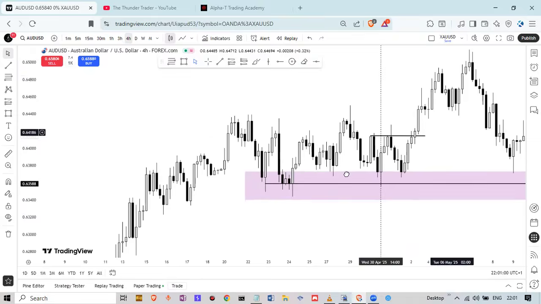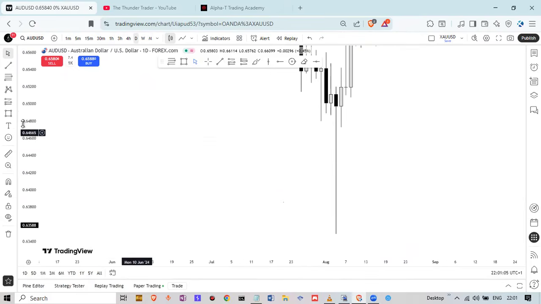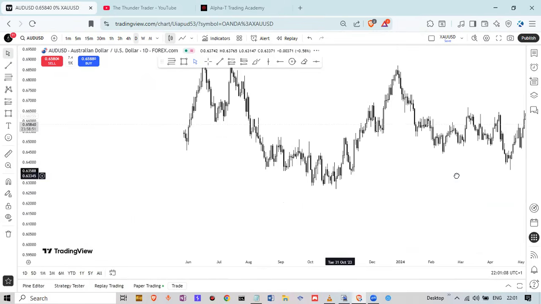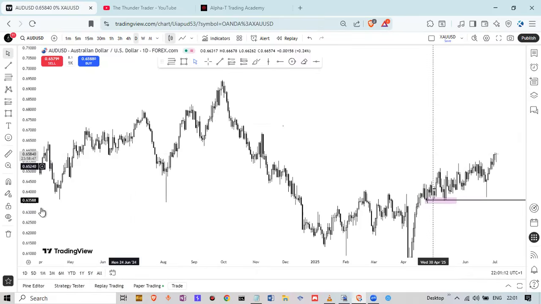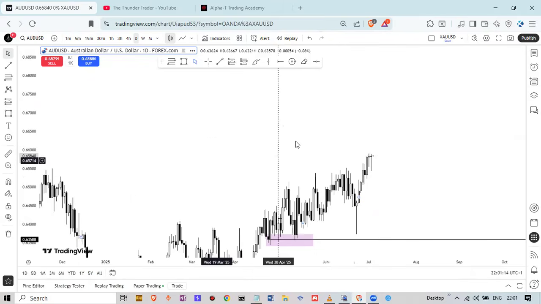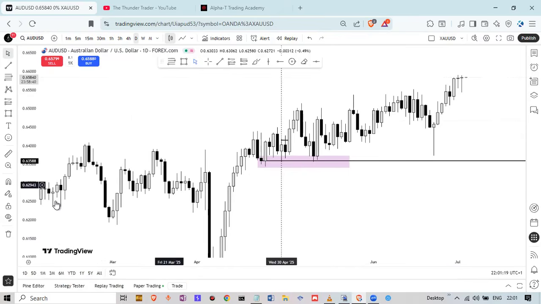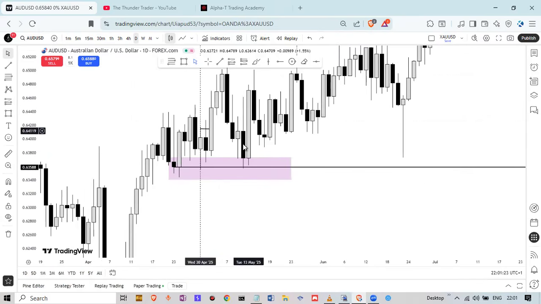And how do you take your exit? On the daily time frame, we look for a daily level, because we're taking our major decision on the daily time frame.